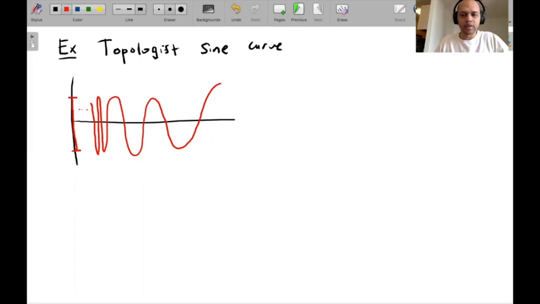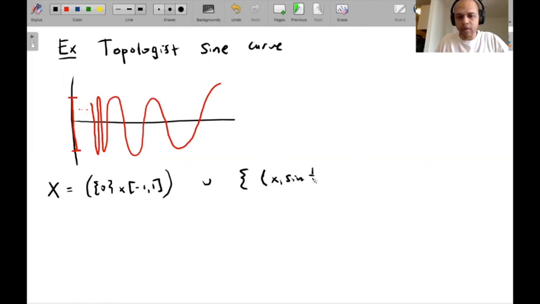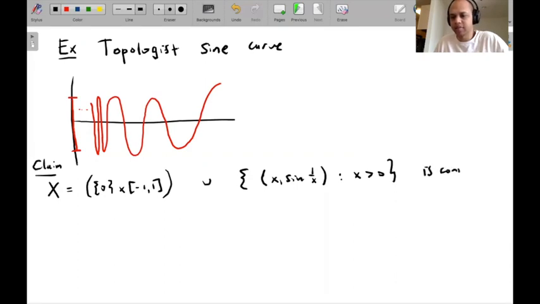So X is this union. The graph is (x, sin(1/x)) for x positive. And the claim is that this topologist's sine curve is connected.